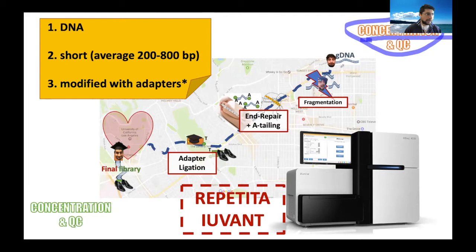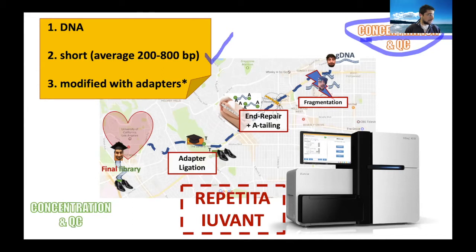Then we go ahead and do fragmentation first, because the fragments in our final library need to be short. And then we perform end repair and A-tailing, which basically modifies our fragmented DNA in a way that it's compatible with the adapters that we're using.